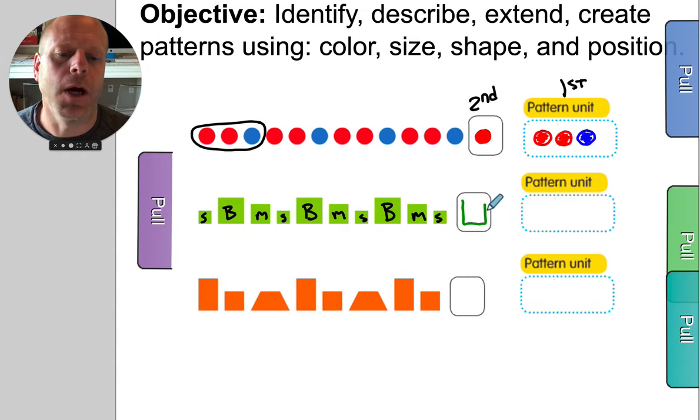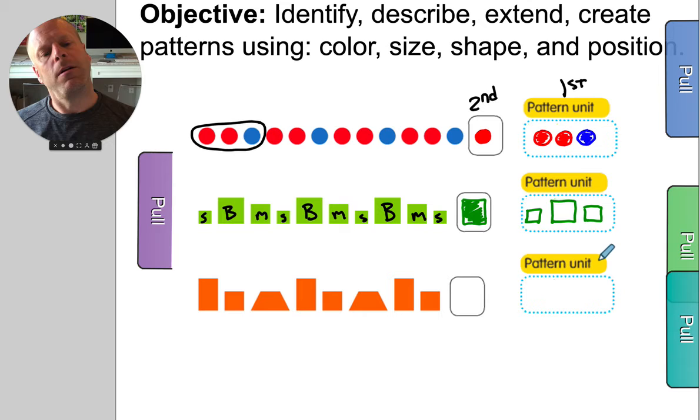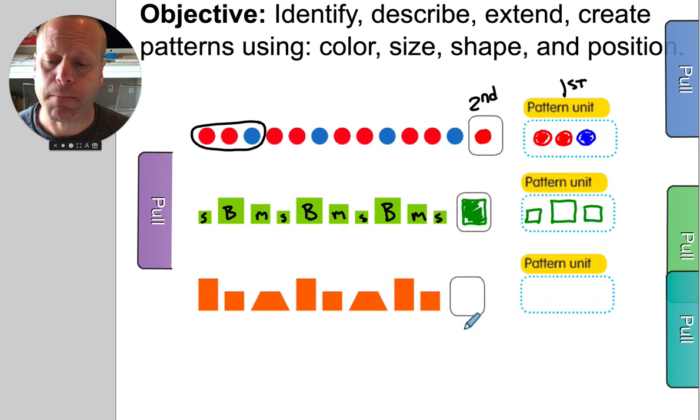Big green box. And then for the pattern unit, I would describe it as always starts off small, always goes big, and then it ends up medium. I want to make that look bigger than my small. Should have made this one a little smaller, sorry. So you can kind of see what we're doing.